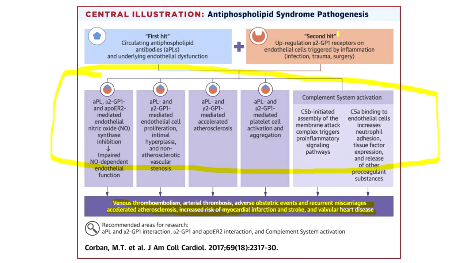So antiphospholipid syndrome, definitely a clear-cut pathogenesis.